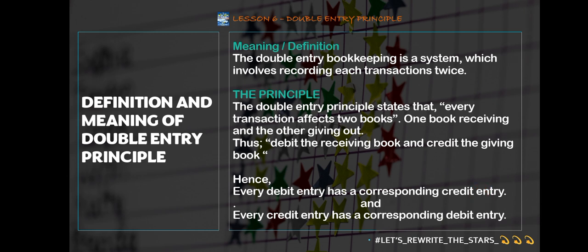Taking an example, you go to buy an item from a supplier. When you go out there to purchase the item, you are going with cash. It can be a check, it can be cash, but in this example, let's focus on cash. You are going to purchase the item with cash.